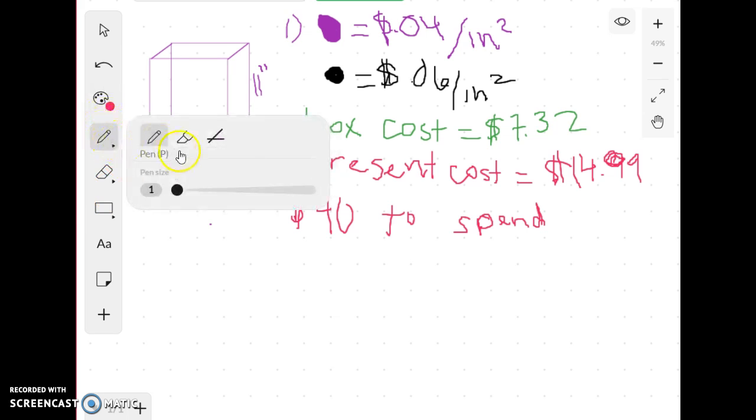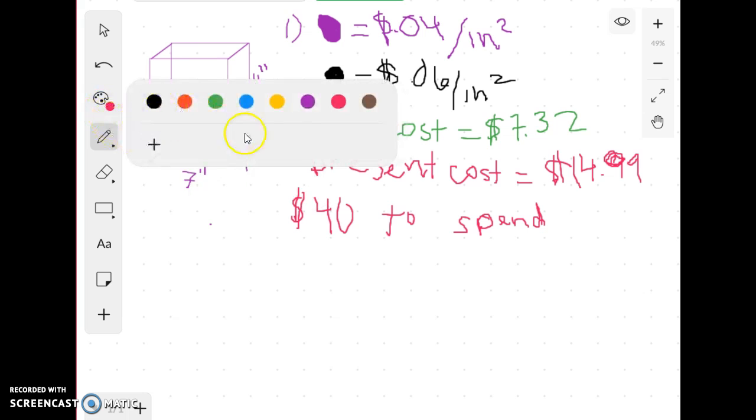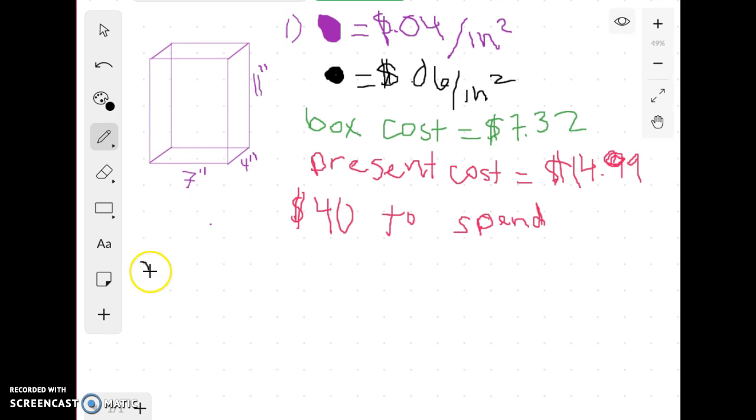So perfect, awesome. What is step 2? Let's review that. So step 2. There we go. Determine what the problem is asking you to find. So what we're being asked to find is which wrapping paper we can afford to purchase with a limit of $40.